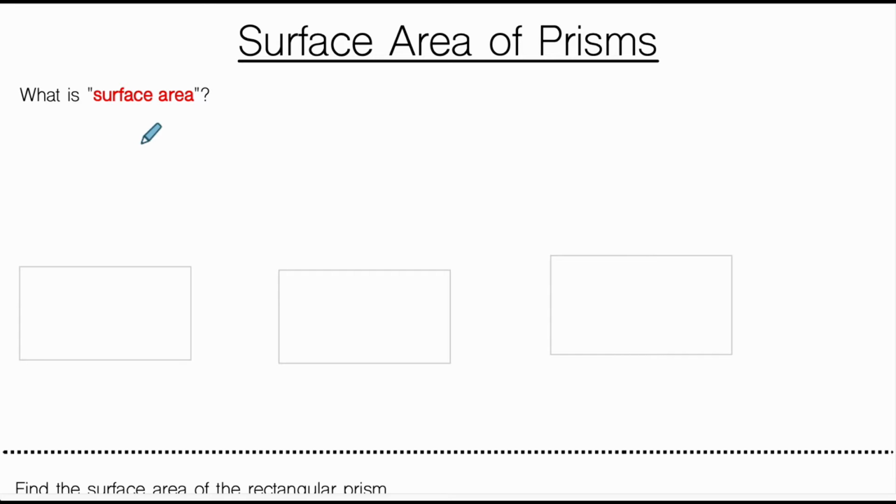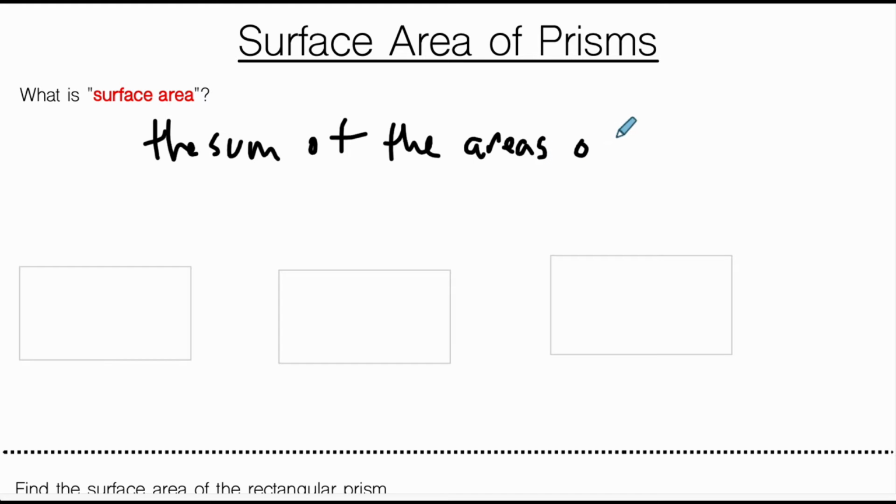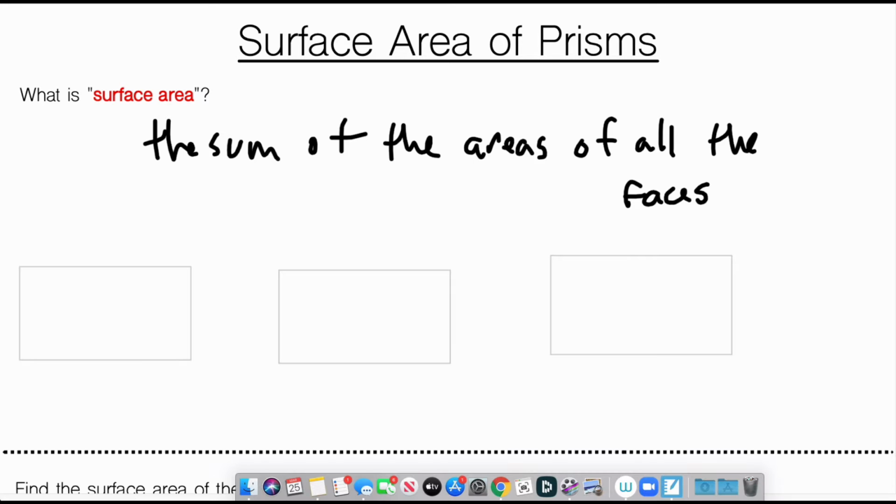Very simply, surface area is the sum of the areas of all the faces in a prism. So a prism, depending on the type of prism, has a certain number of faces, and the surface area is the area of the surfaces, the area of the faces.